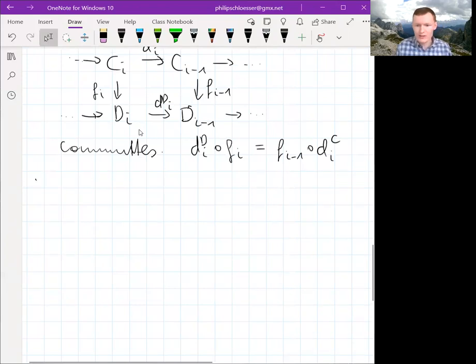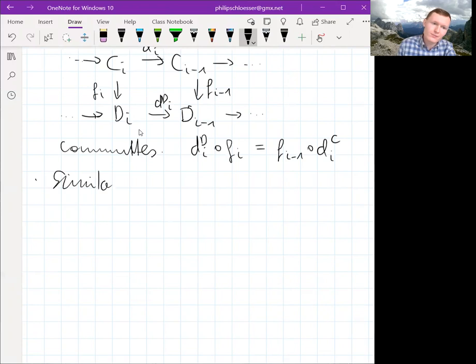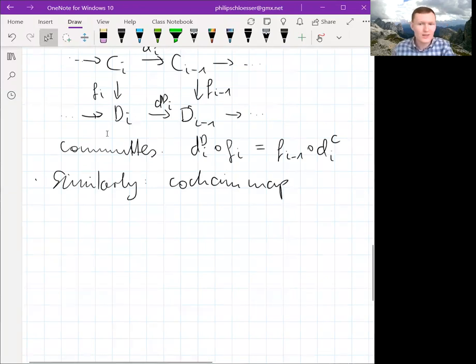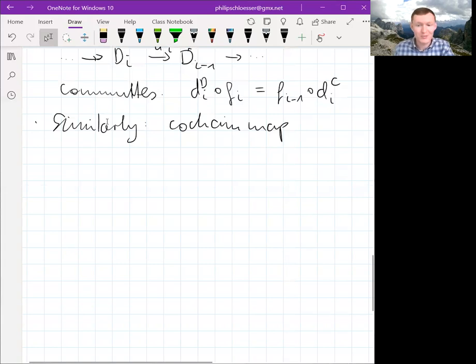And similarly, we can define a cochain map, which is the same thing for cochain complexes. And well, it shouldn't surprise you that chain complexes and cochain complexes, together with their respective chain maps, form categories.